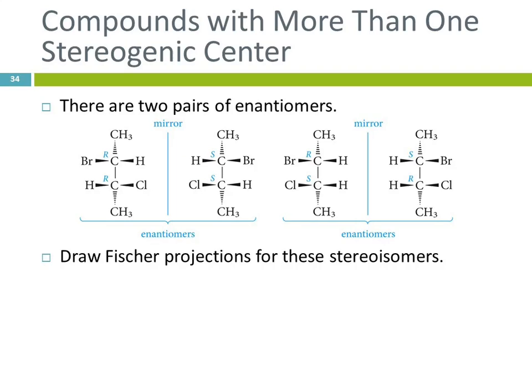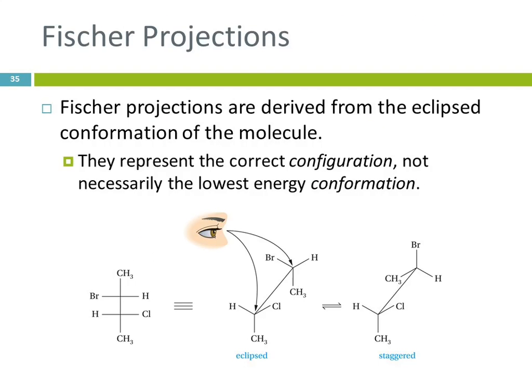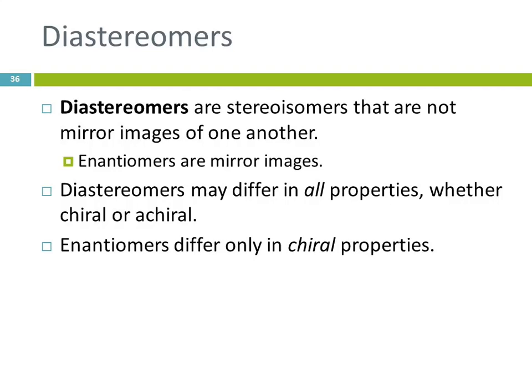Do you see that? So those are not enantiomers. They're diastereomers. Do you love all these words that they have for these different things? It's very confusing. So enantiomers are mirror images. Diastereomers are stereoisomers, but they are not mirror images of one another.